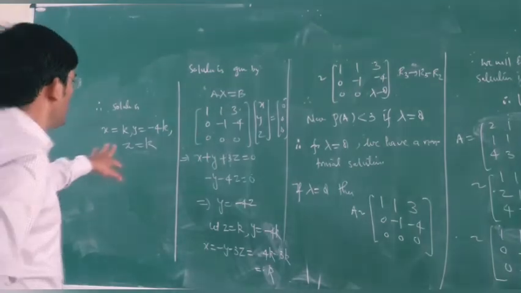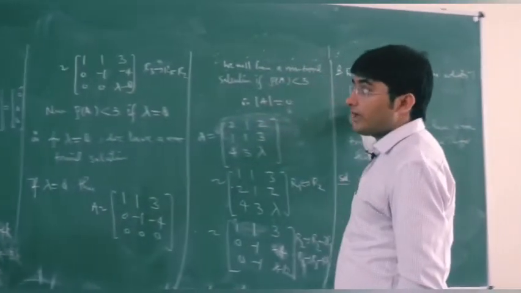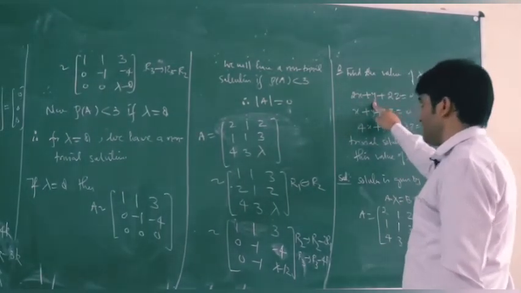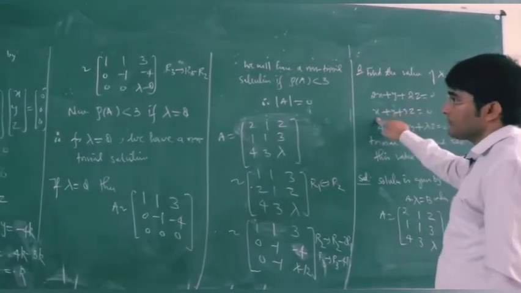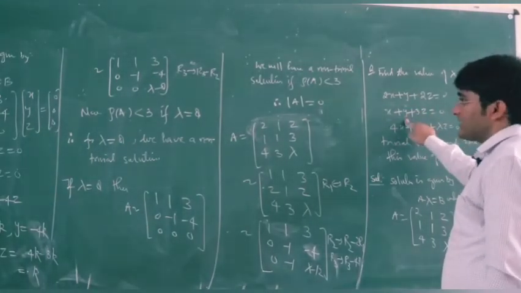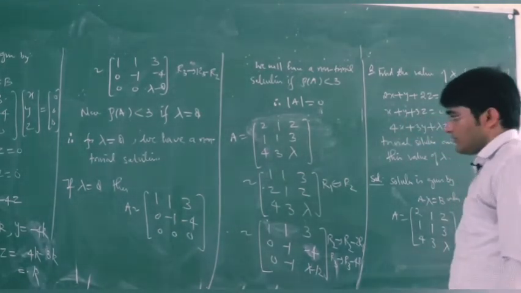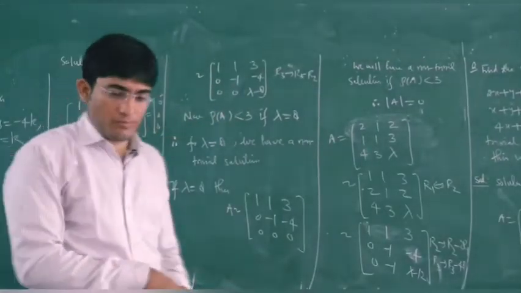If you put x equal to k, then this will be 2k, then minus 4k, so that means -2k, and z is k, so again 2k, so it is 0. Then k - 4k is -3k, and z is k, so 3k, equal to 0. So this is the solution of this problem.